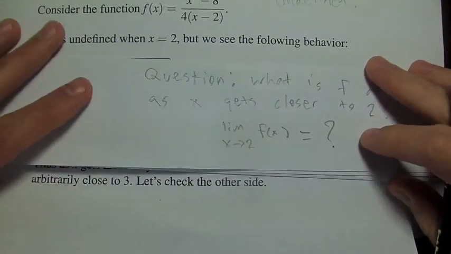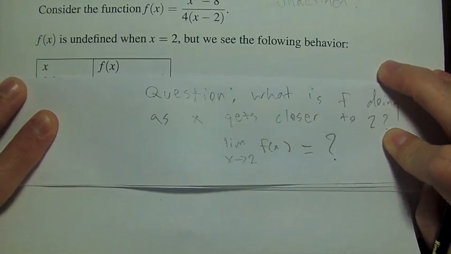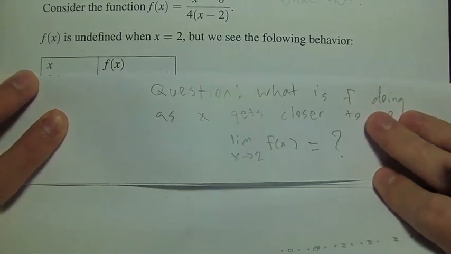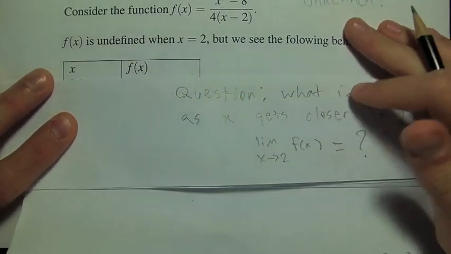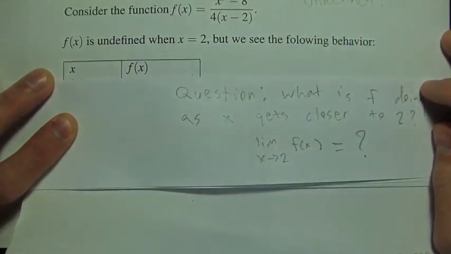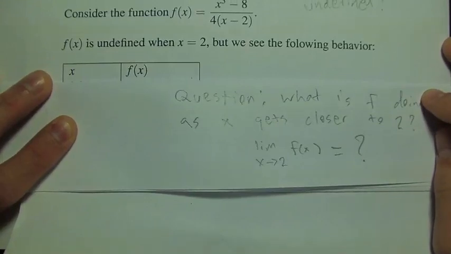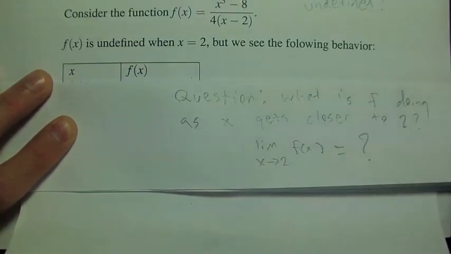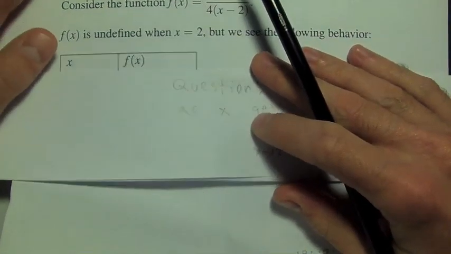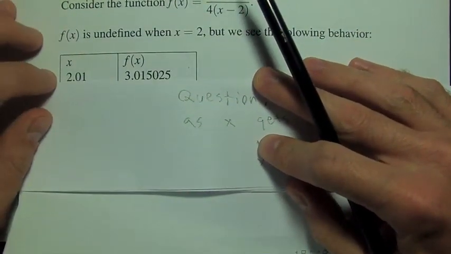So let's move this up a little bit, and we're going to start making a table here. We're going to be looking at our x's and our f's. I'm going to start looking at x's when x is getting closer and closer to 2. So I'm going to start with, say, 2.01.